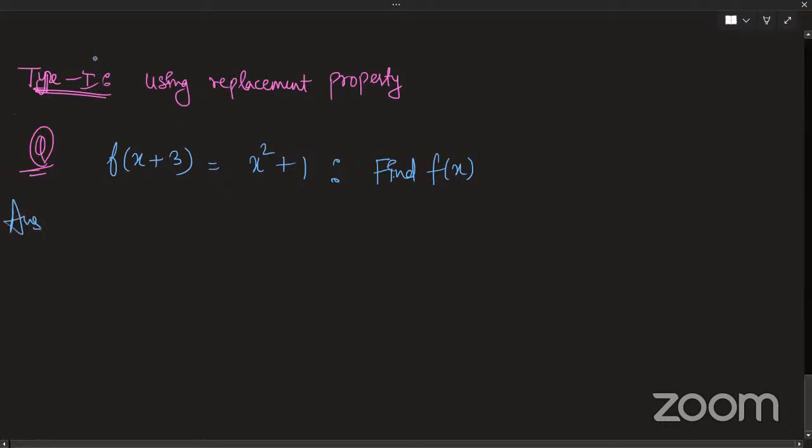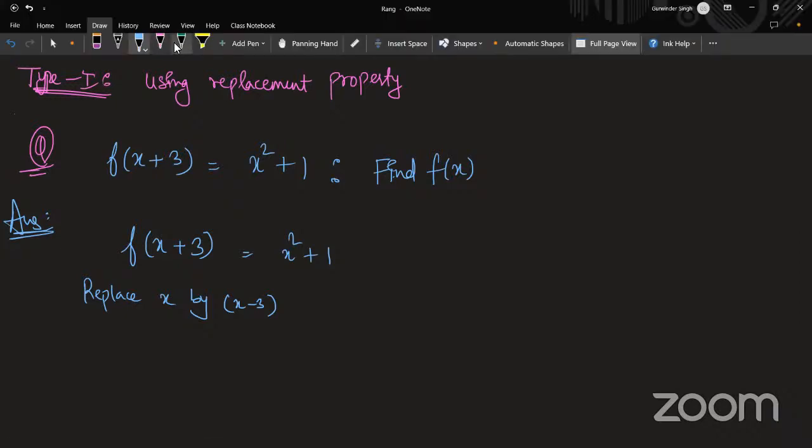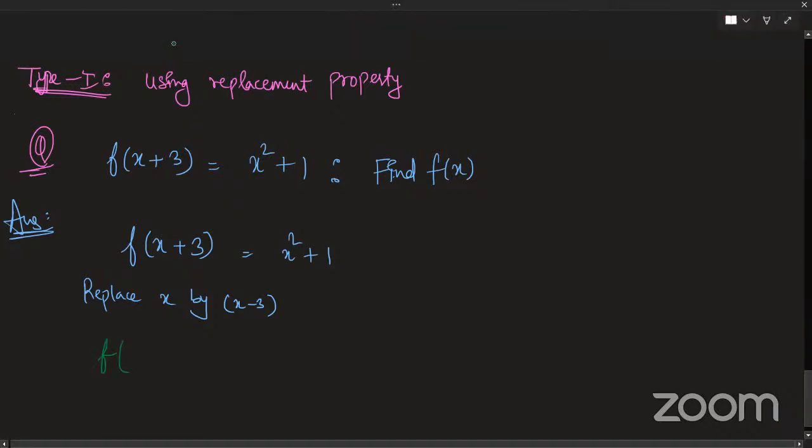See, इसमें तो कुछ सोचना ही नहीं था. See, I know f of x plus 3 is equal to x square plus 1, right? So what I am doing is replace x by x minus 3. x की जगह x minus 3 डाल दो. So what will happen? क्या हो जाएगा? f of जहां पे भी x है उसकी जगह x minus 3 हो जाएगा.